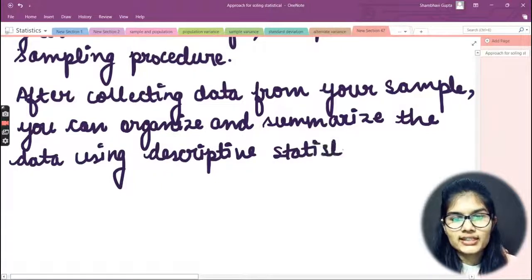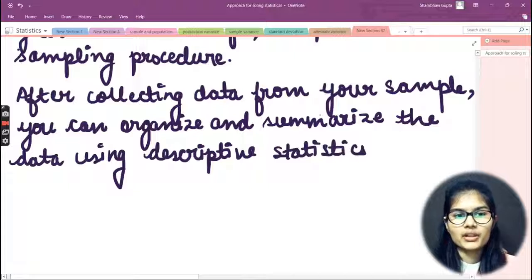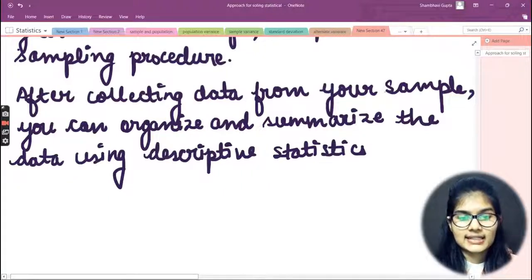So after collecting the data from your sample, you can organize and summarize that respective data with the use of the descriptive statistics.